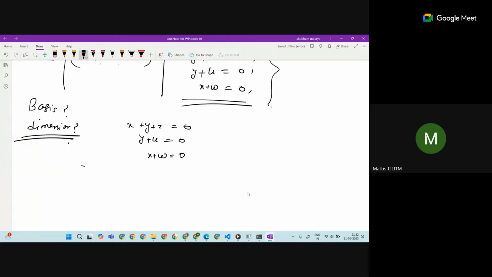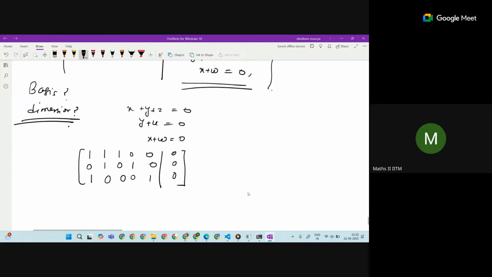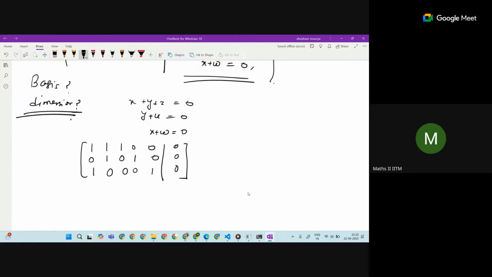If you want to write it, you can write it like this: 1 1 1 0 0, 0 1 0 1 0, and then 0 0 1 0 0 0 1, and the right side is 0 here. So this is the augmented matrix of the system of linear equations.